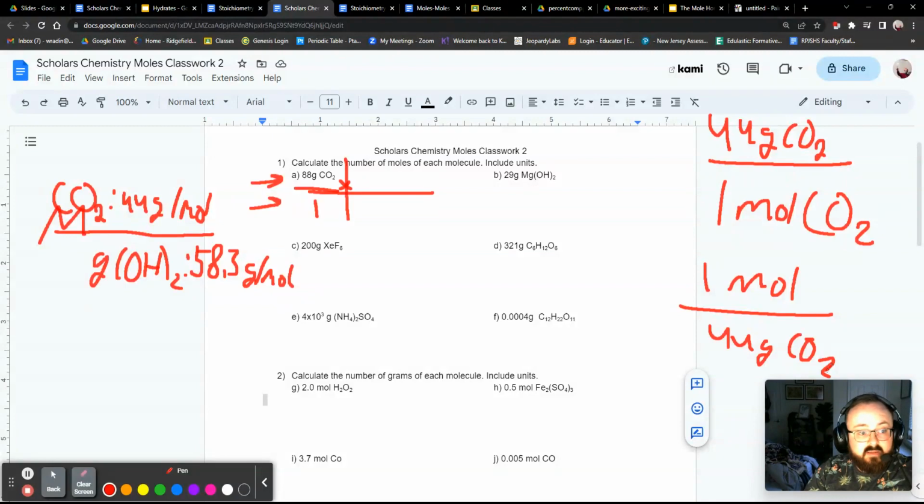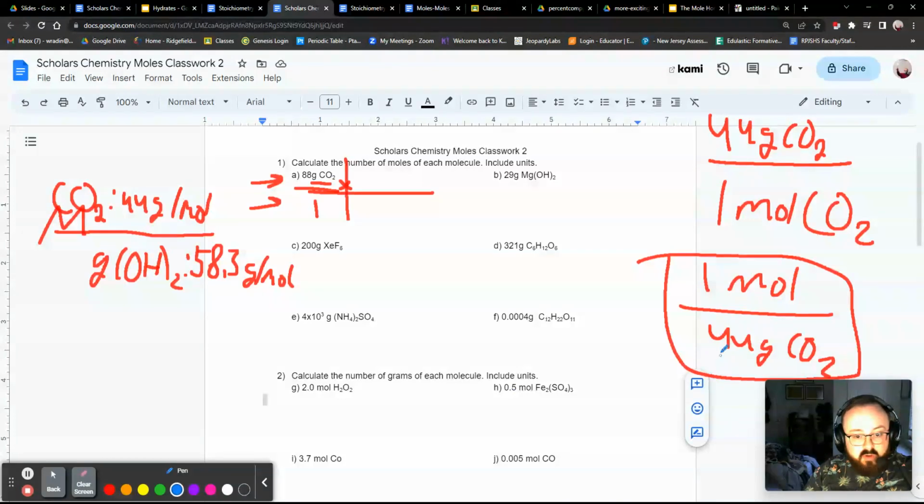If my unit up here is grams of CO2, I want to choose this one, because here's my grams of CO2 and here's my grams of CO2. The unit on the top and the bottom have to be the same. 44 grams of CO2 per 1 mole. These units must match: grams of CO2 and grams of CO2.